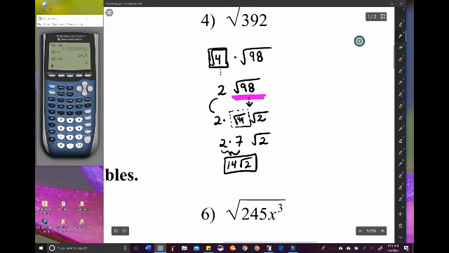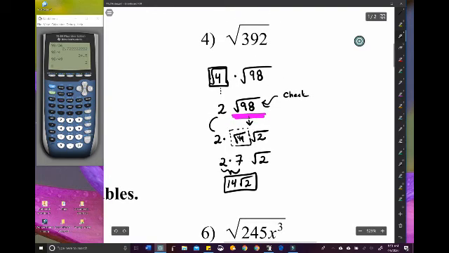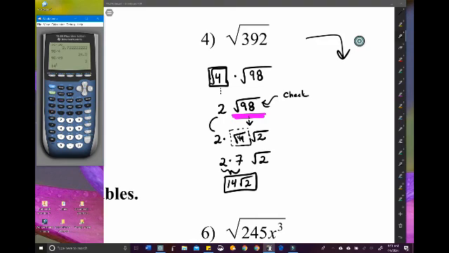So if you don't get the biggest square root, it's always a good idea to check, does another square root go into it? So check that it's most reduced. Okay, if right off the bat, say you knew 14 squared is 196.